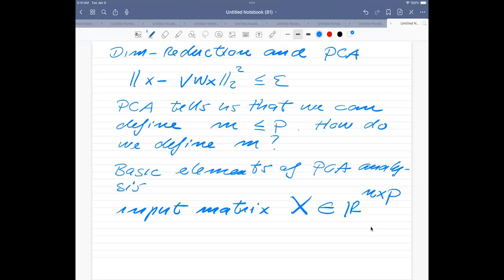So I'm using the rows to indicate the number of samples. So this could be the number of patients you have been surveying, or the number of people in a genetic survey. And p could be the number of DNA properties which you're interested in. Or it could just be features which characterize a house you're selling.